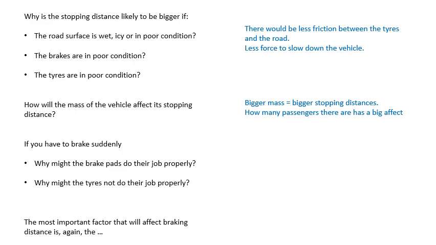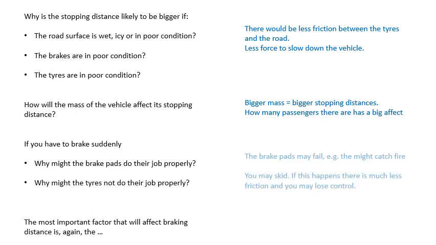If you have to brake suddenly, why might the brake pads not do their job properly? Why might the tires not do their job properly? The brake pads may fail. If you brake suddenly, they might actually catch fire. And also you may skid.